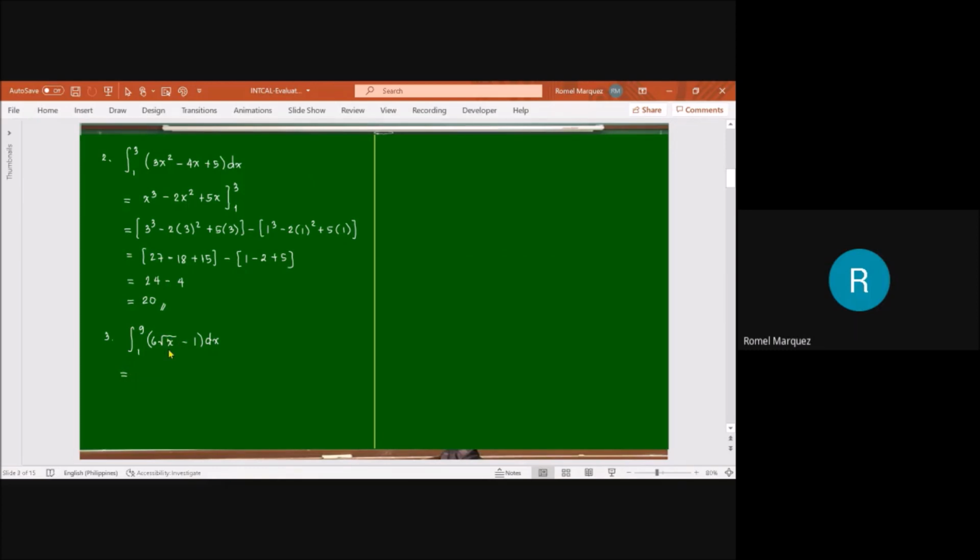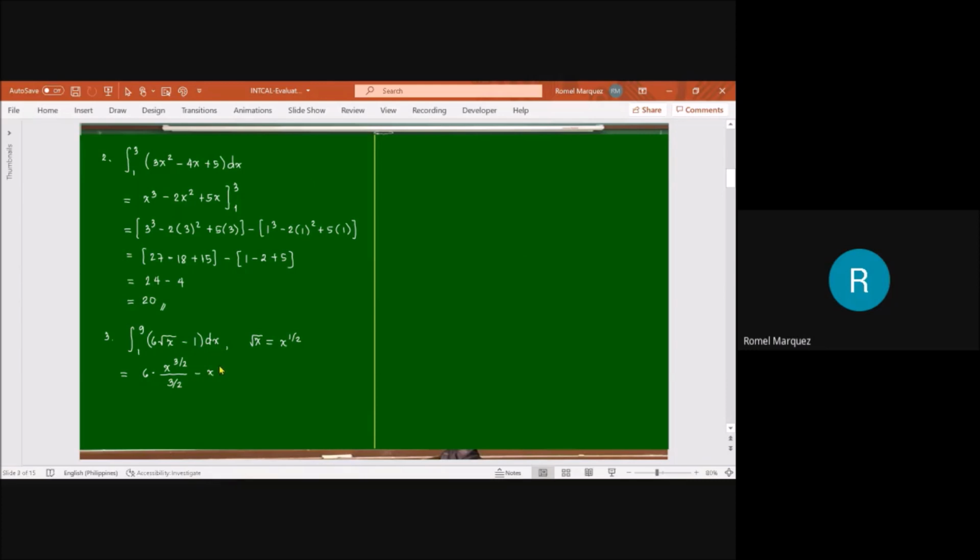So again, first we get the indefinite integral. So what is the indefinite integral corresponding here? So 6 times, what is the square root again, guys? Square root of x means x to the 1/2, right? Okay, guys? So that is 6 times the integral of u to the n du, so that is u to the n plus 1 over n plus 1, minus the integral of 1 dx.